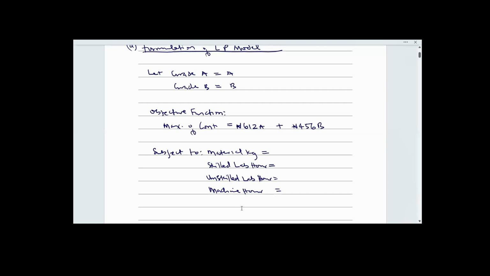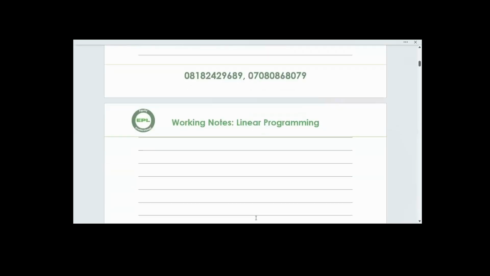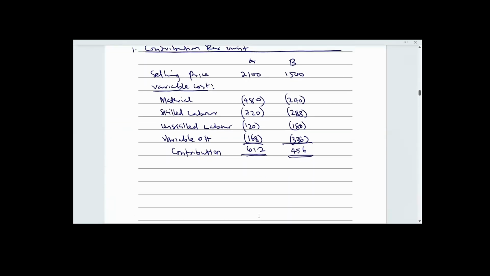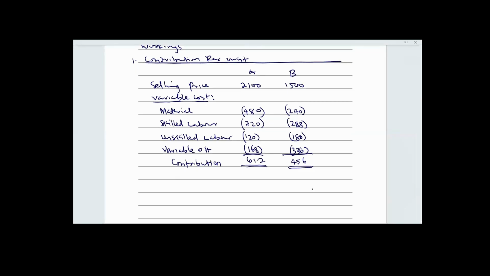Then, of course, let's go and determine material per kilogram. Remember what I told you when we're having optimal product mix: the factors of production must be material kilogram, labor hour, or machine hour. So if you are given material cost, you are supposed to convert it to material kilogram. So working number 2 now. I want to determine material kilogram.